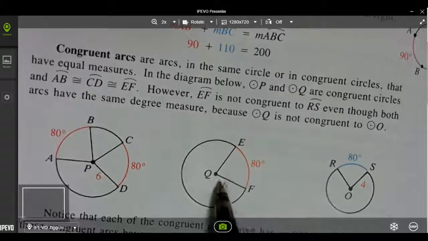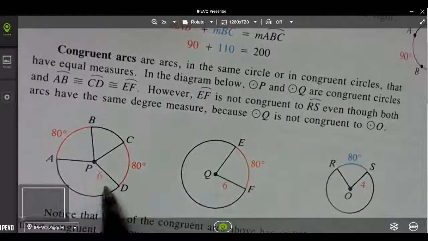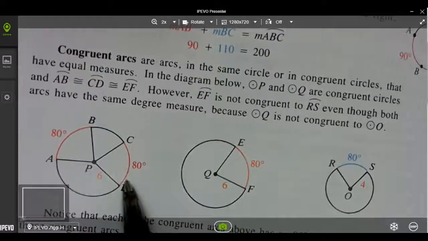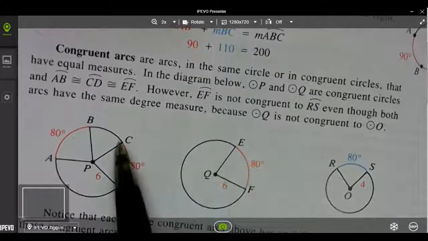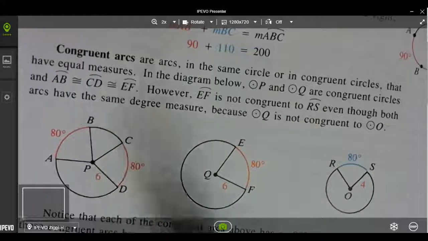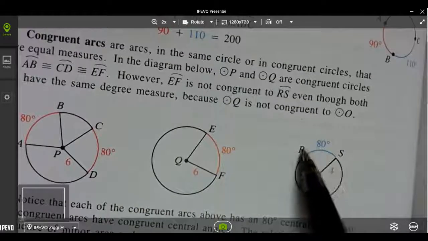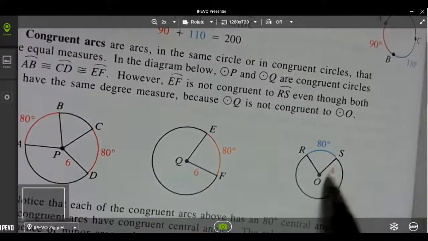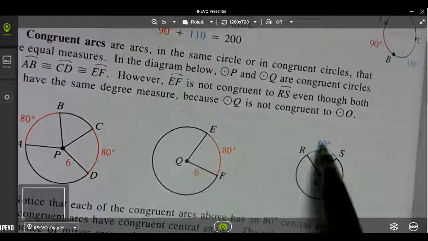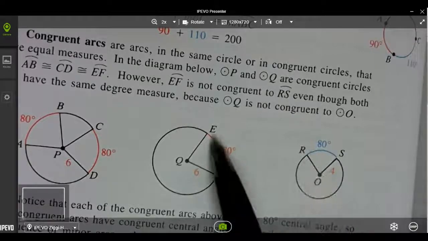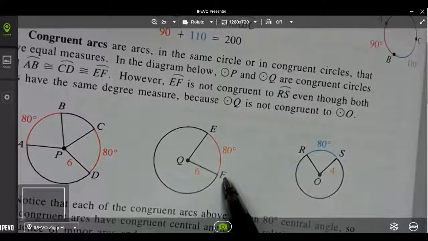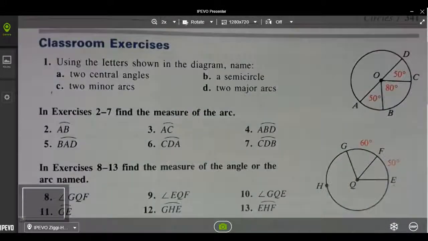Because their radius is the same, EF is congruent to CD and BA. But here, even though the arc RS is 80 degrees, the radius is 4, which is different. So it is not congruent to this. RS is not congruent to EF.